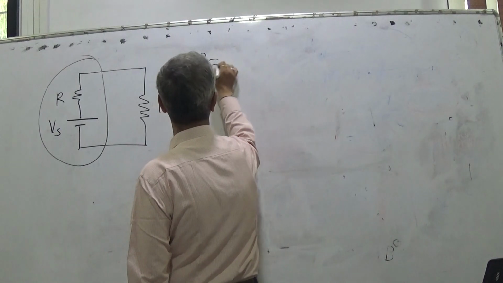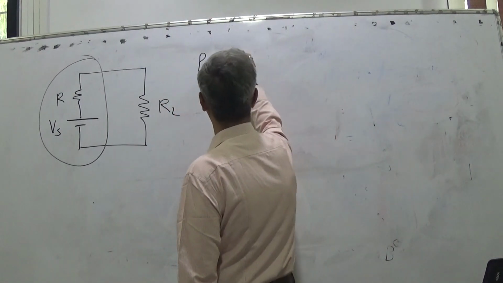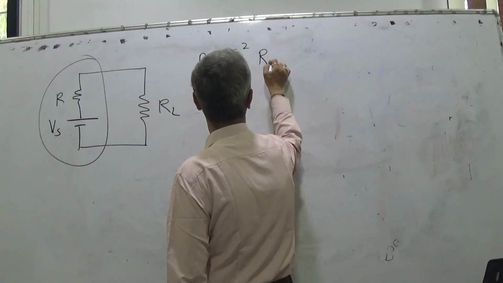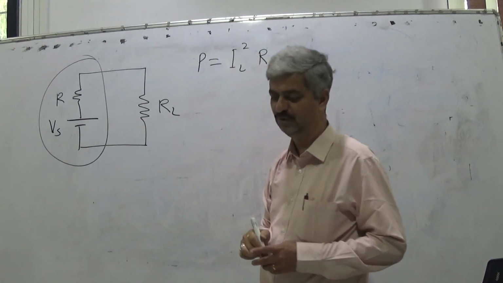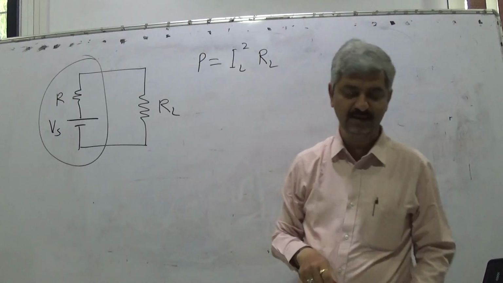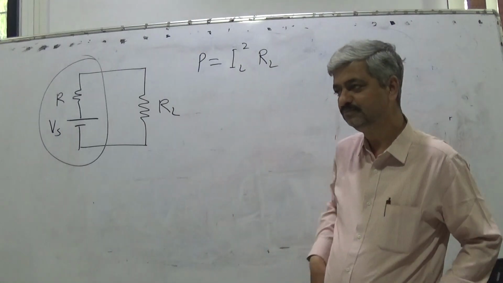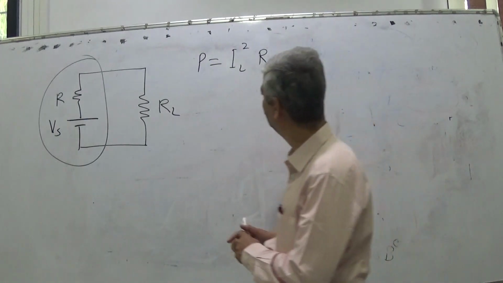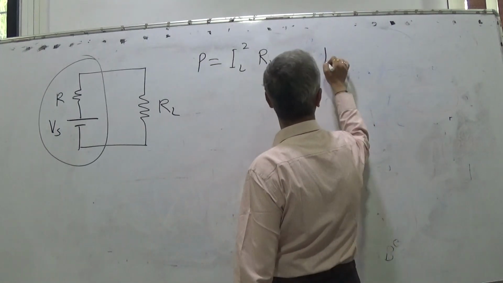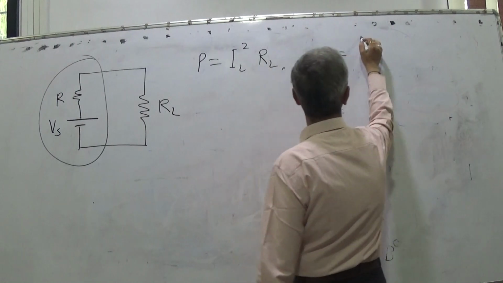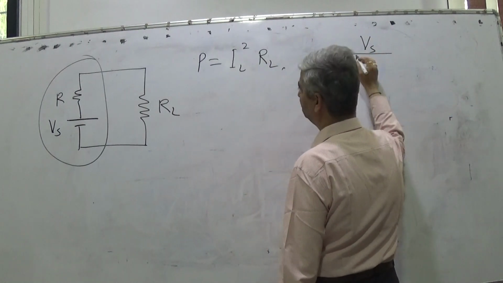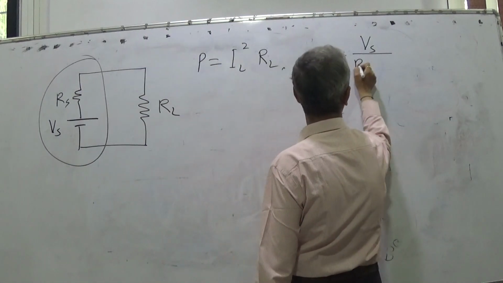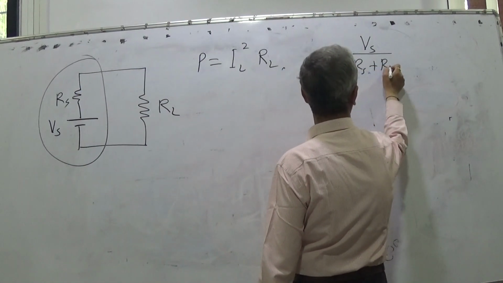P is equal to IL square RL. So what is IL? IL is Vs upon Rs plus RL.